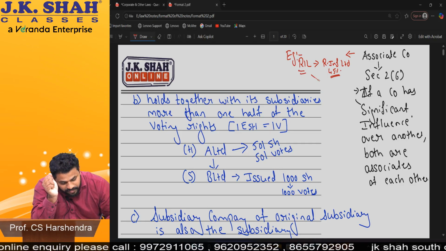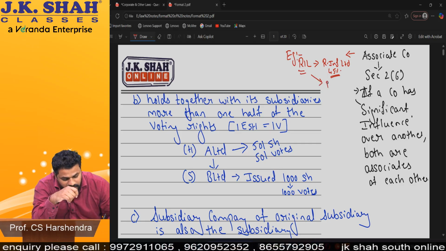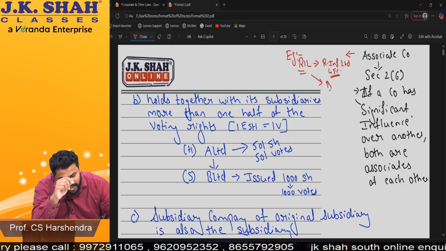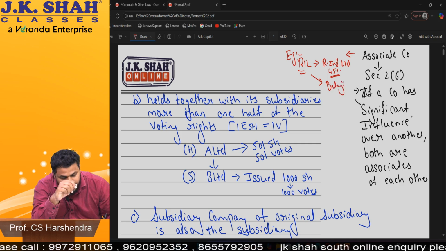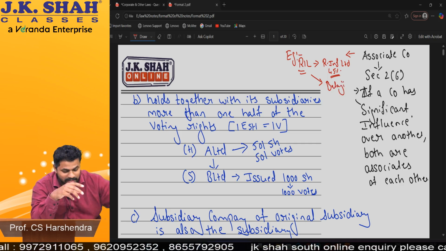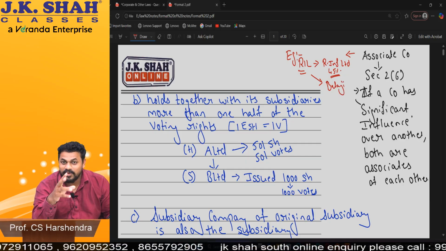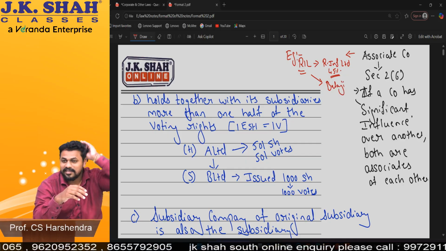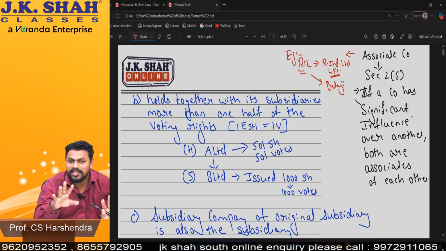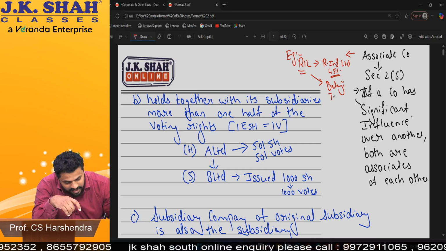One more example, Reliance. Have you heard about Balaji Telefilms? Old Balaji, right? Okay, Ekta Kapoor, Kyunki Saas Bhi Kabhi Bahu Thi. Yes, Balaji Telefilms.